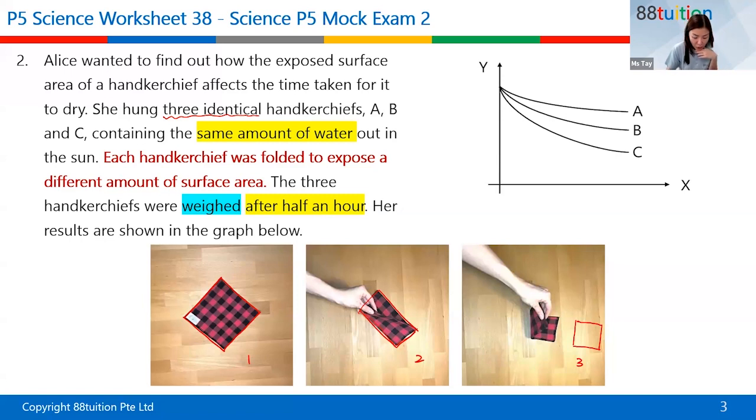That means this one, because it has the greatest exposed surface area, the water is lost fastest.